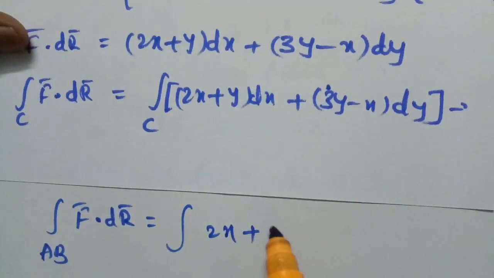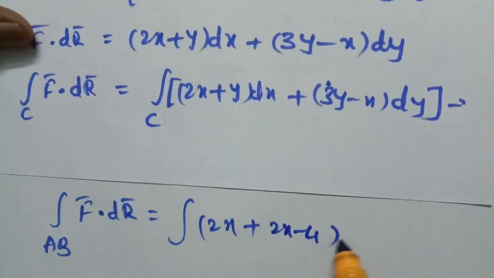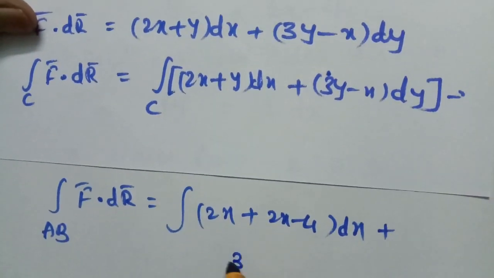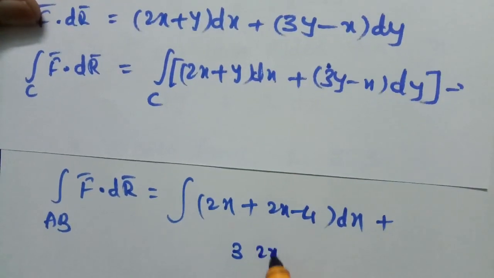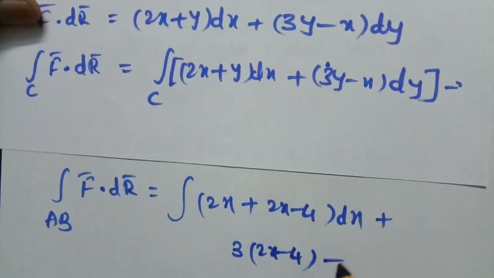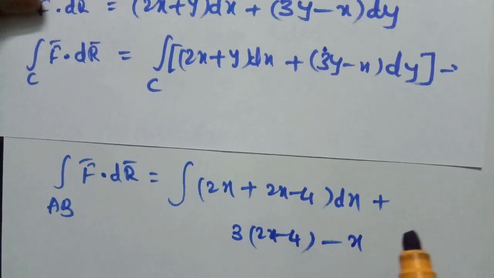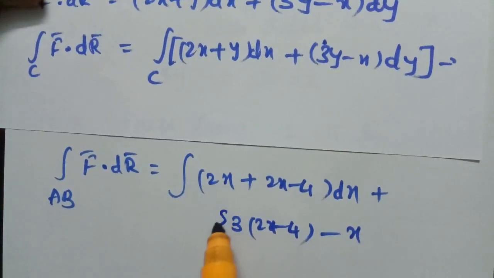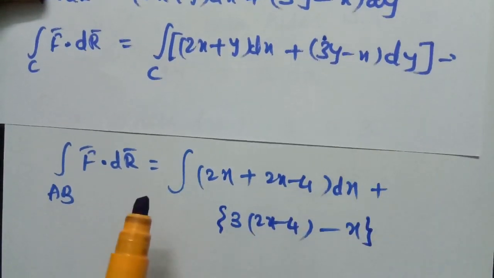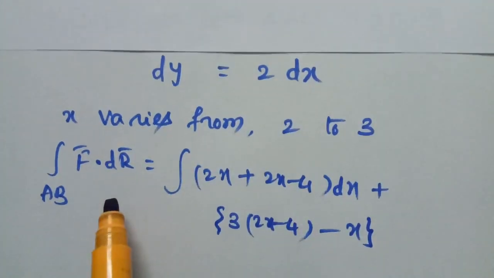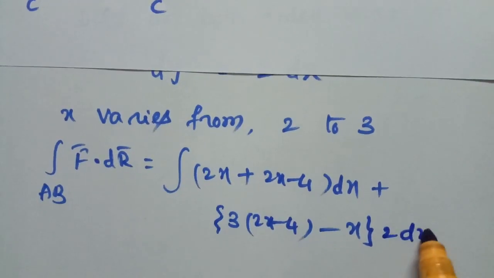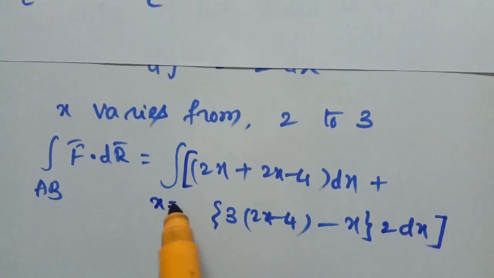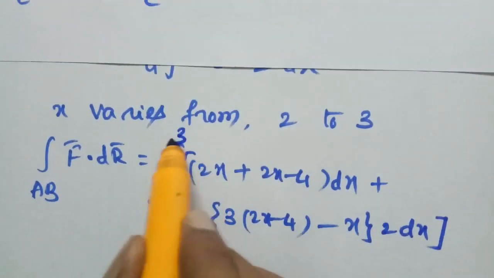Therefore, (2x + 2x − 4) dx + (3(2x − 4) − x) dy. So dy is equal to 2 dx, and x varies from 2 to 3.